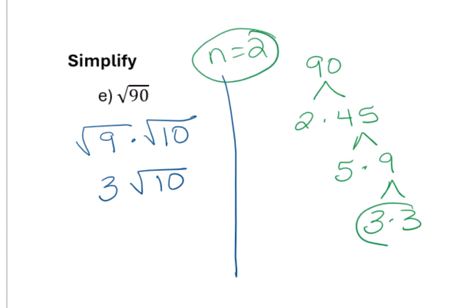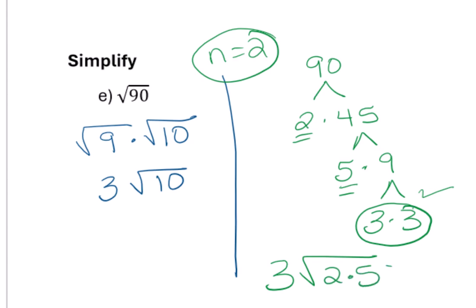Well, we have a pair of 3's. If we have a pair of 3's, then that 3 can come out of that index because we have found a 3 squared. But this 2 and this 5 do not have pairs, so they have to stay in. 2 times 5, and that would give us that 3 radical 10.